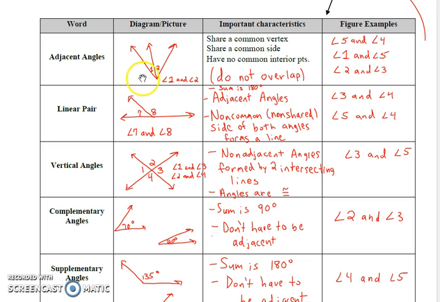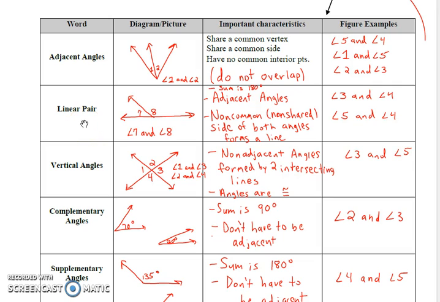They're adjacent. But you can tell that they're a linear pair when you look at the side that they don't share. Here's the side that 7 and 8 share. Watch what happens when I trace the sides of angles 7 and 8 that are not shared. You'll see that it's right here. It's this line. So we have two adjacent angles, two angles that are next to each other, and their non-shared side is forming a line, so they're called a linear pair.